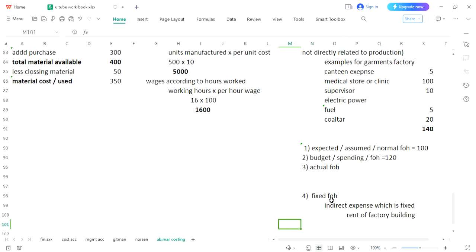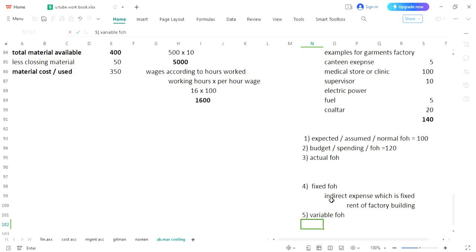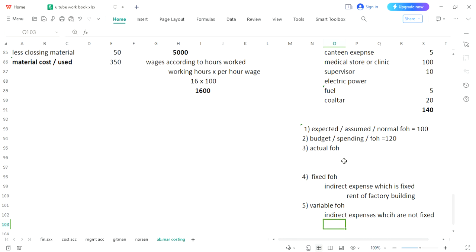And then we are associated with variable FOH. The amount of indirect expenses which are not fixed. This is a very simple example. You can see fuel charges. If you manufacture 50 units, there will be some fuel charges, for example 5.